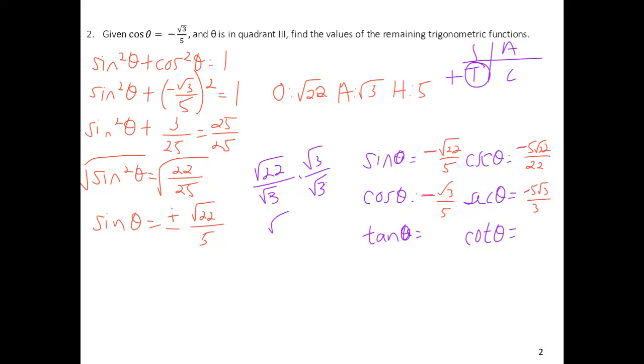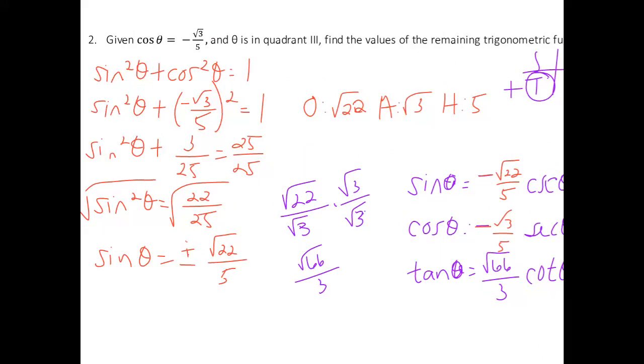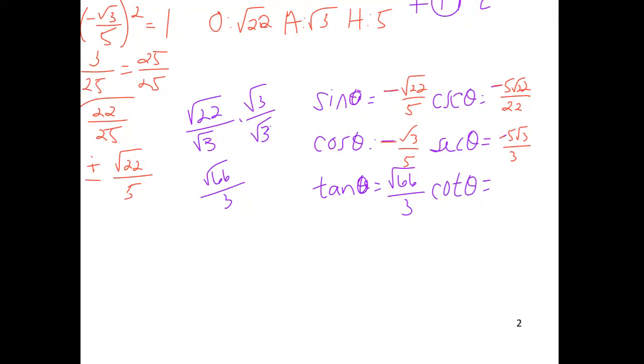So we're going to get root 66 over 3. So tangent is going to be positive because we're in the third quadrant, root 66 over 3. Cotangent, then we will take the reciprocal of that. And this one is just a regular rationalizing. You end up getting root 66 over 22.